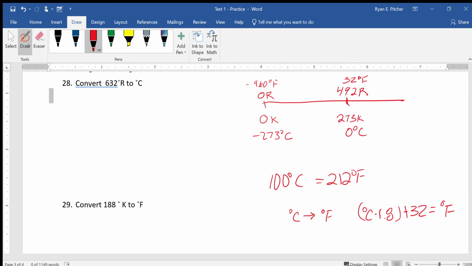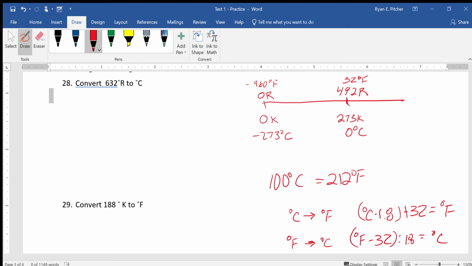And the opposite of that, if we go degrees Fahrenheit to degrees Celsius, I take my degrees Fahrenheit minus 32 divided by 1.8, and that's going to give me my degrees C. So I draw these pictures out so it helps me always remember this. If you skip steps, it's likely that you will make a mistake.